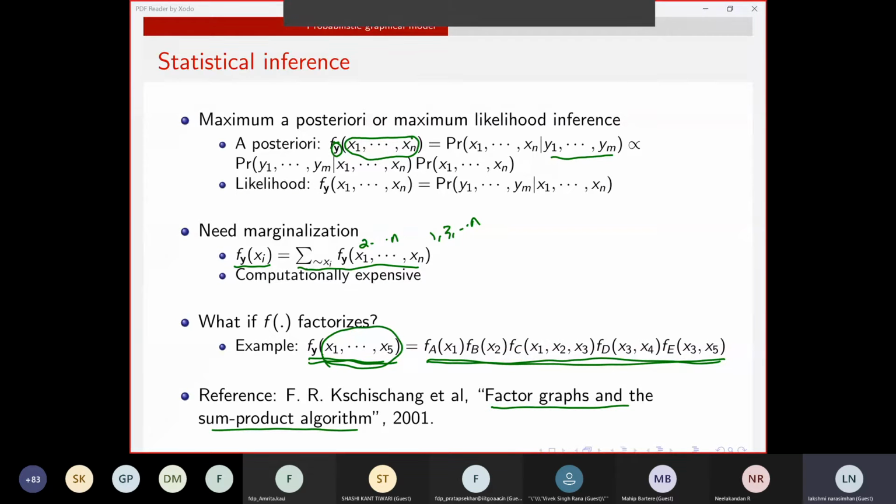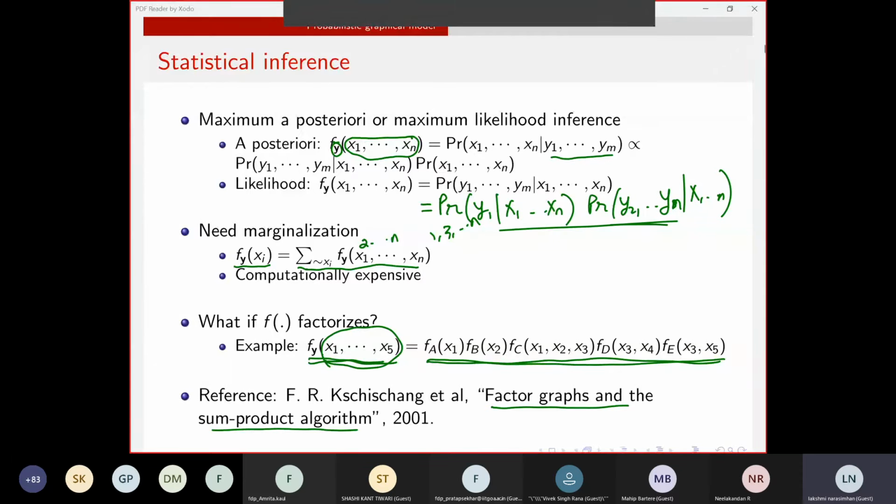And why is this relevant to us? Because in most cases, we have these probabilities, and these probabilities usually would be broken down into some form like this. Depending upon the problem, it could be broken down into some form. If they are independent, we can just simply write like this. If they are dependent, then we cannot simply write like this.